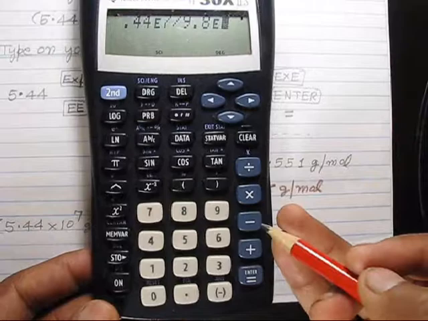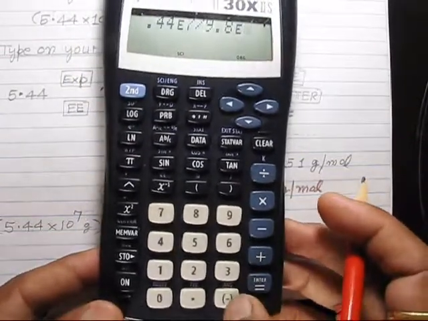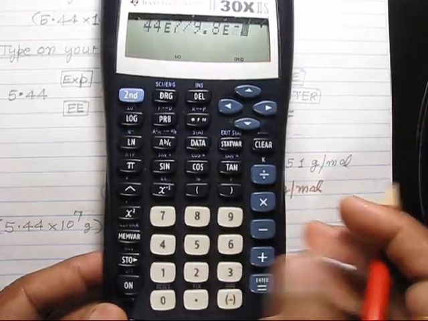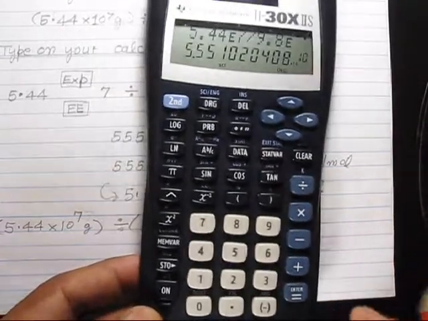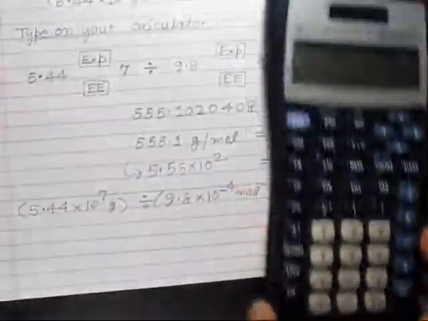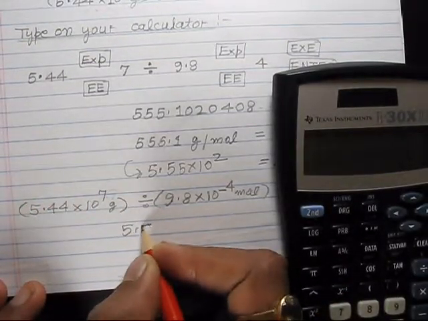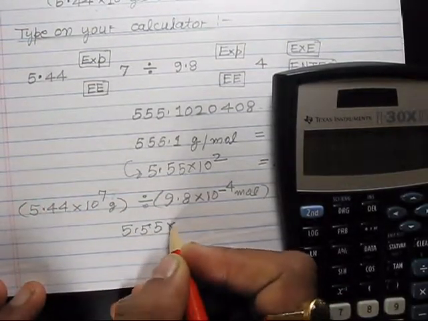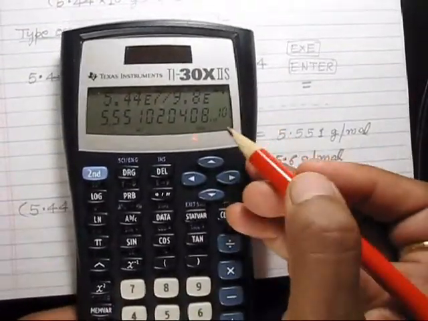So don't use the subtraction sign; you have to use the negative sign for negative 4, and then equals. So the answer for this question would be 5.55 times 10 raised to power 10. You can see it's 10 raised to power 10.